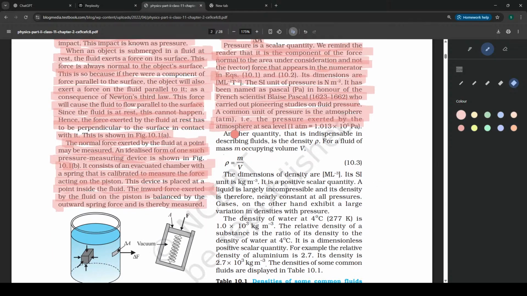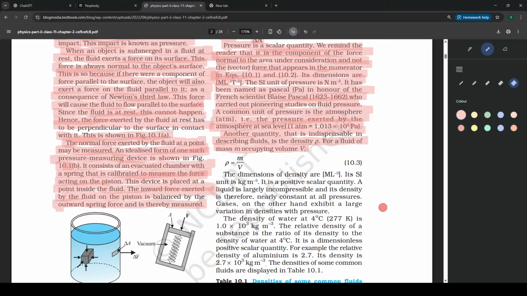Another quantity that is indispensable in describing fluids is the density rho, for a fluid of mass m occupying a volume V. One of the other important quantities, not for measuring the pressure but for describing fluids, is the density of that fluid.